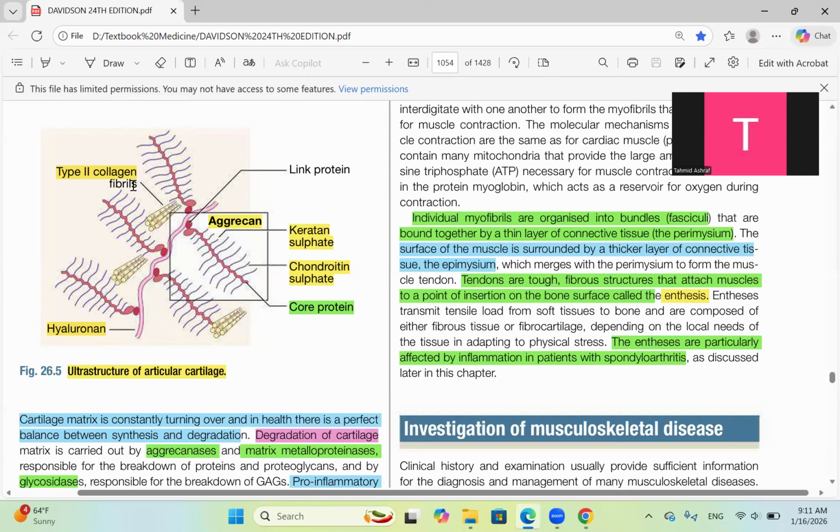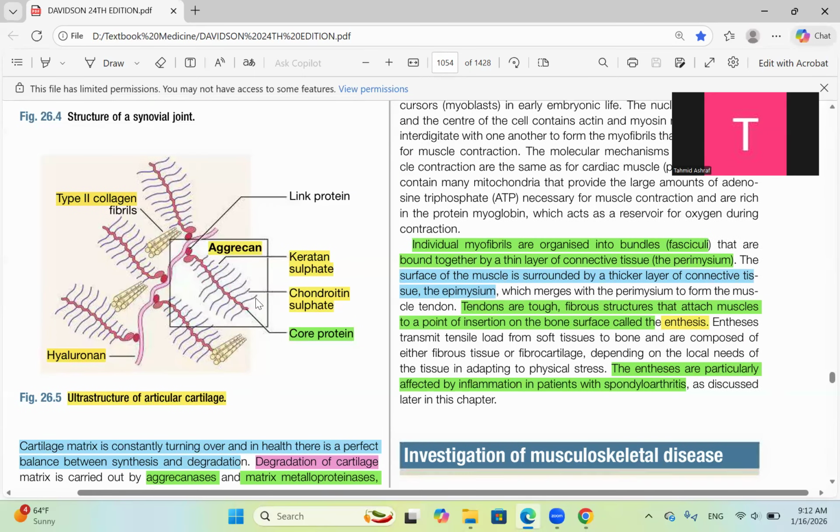And the main proteoglycan is aggrecan, which has a core protein and then various glycosaminoglycan side chains. So these are the side chains.